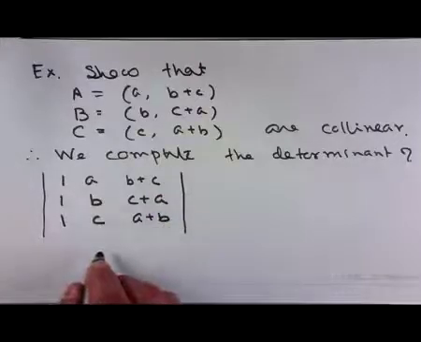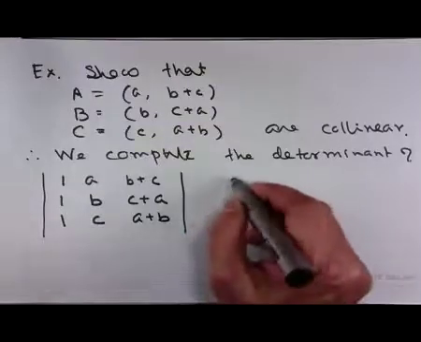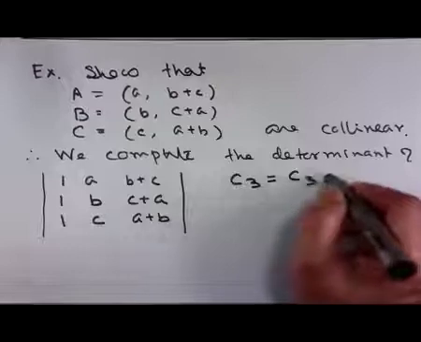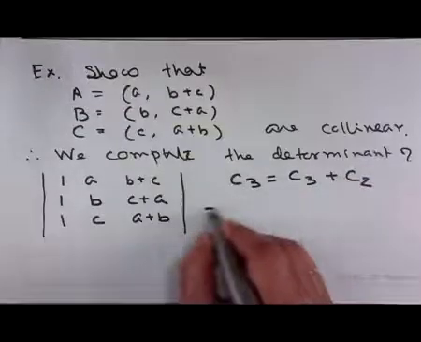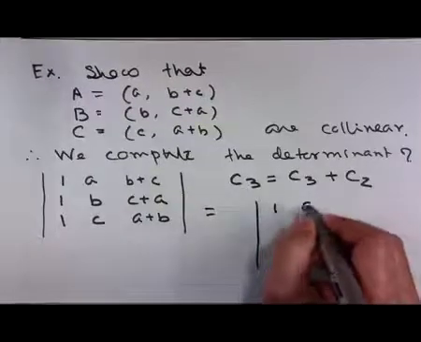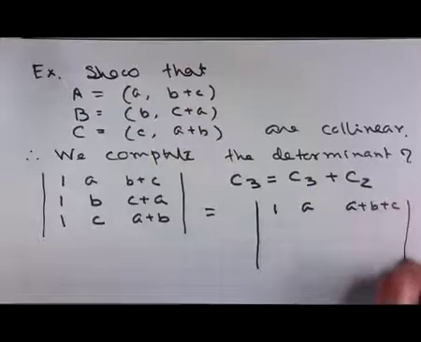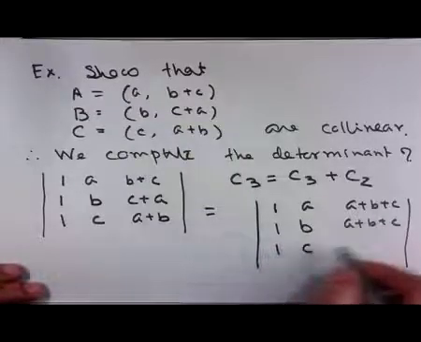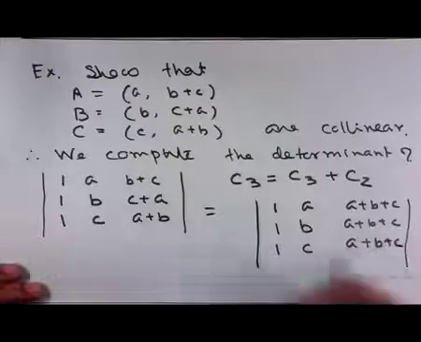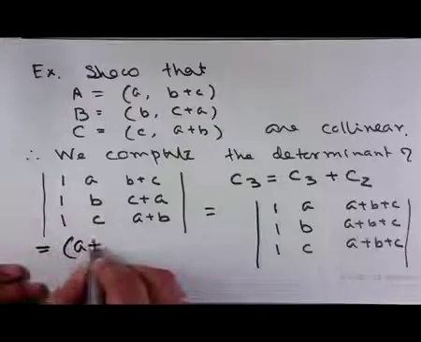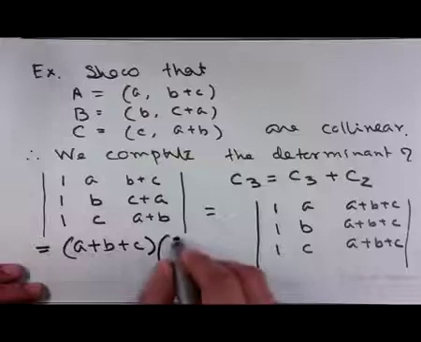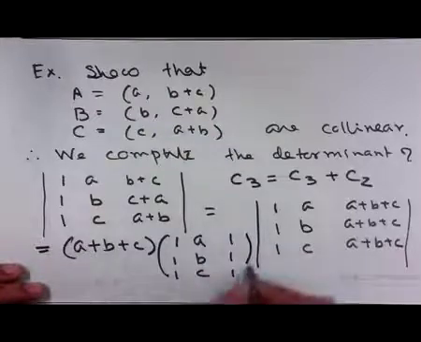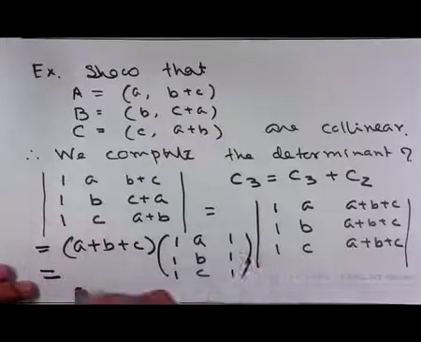Now, by doing C3 equal to C3 plus C2, this determinant is equal to 1 A A plus B plus C, 1 B A plus B plus C, 1 C A plus B plus C, which is equal to A plus B plus C into determinant of 1 A 1, 1 B 1, 1 C 1, which is 0 as these two columns are same.